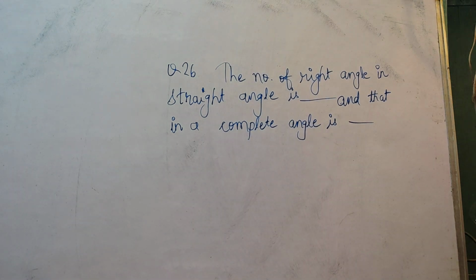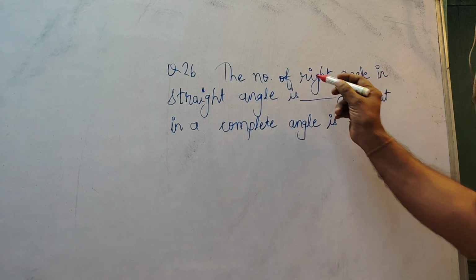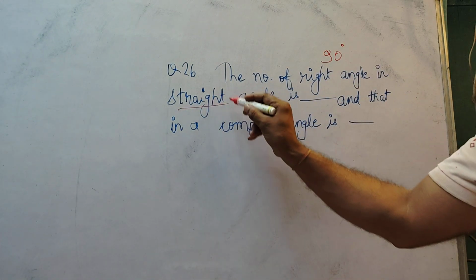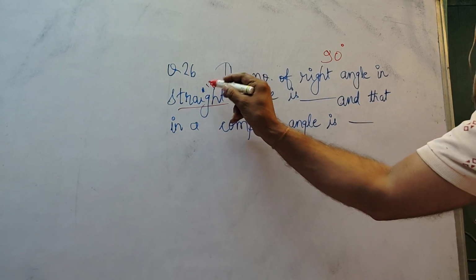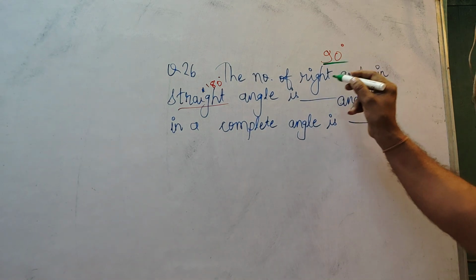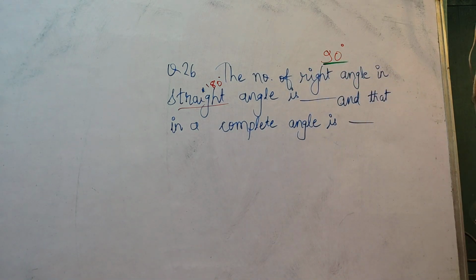Do you know? A right angle means 90 degrees, and a straight angle means 180 degrees. So how many right angles are there in a straight angle? How many 90-degree angles make 180 degrees?